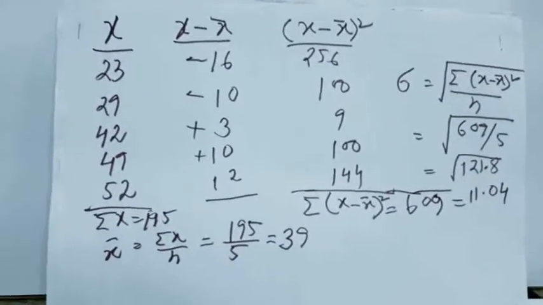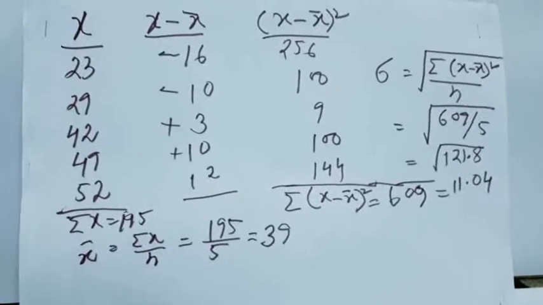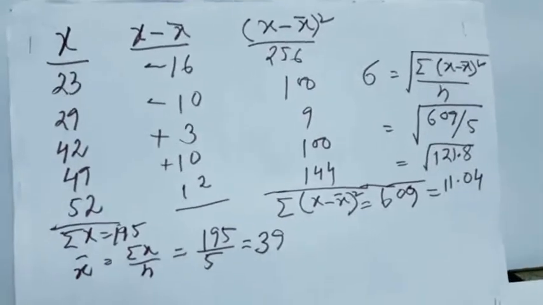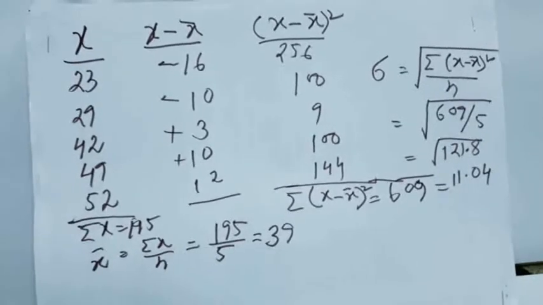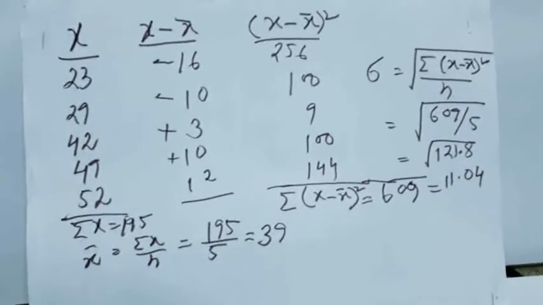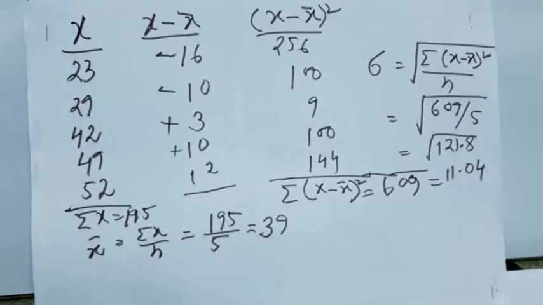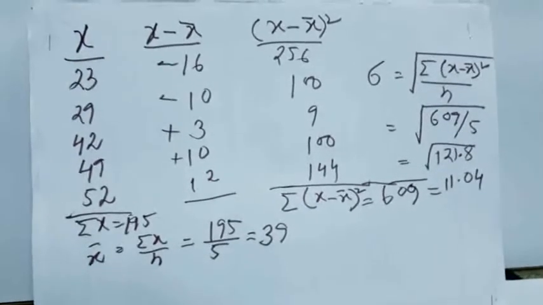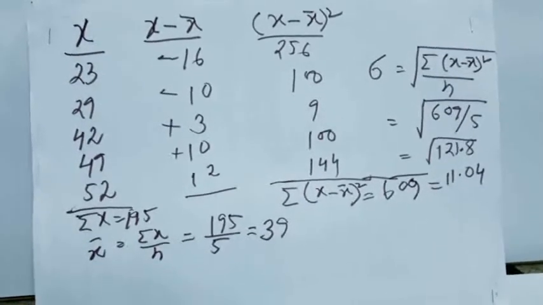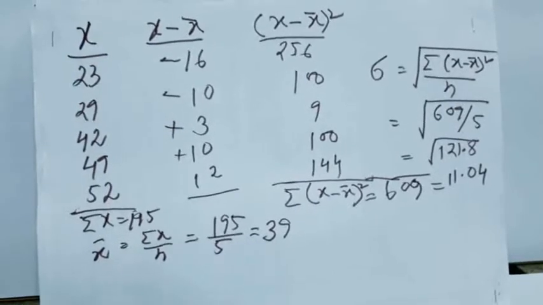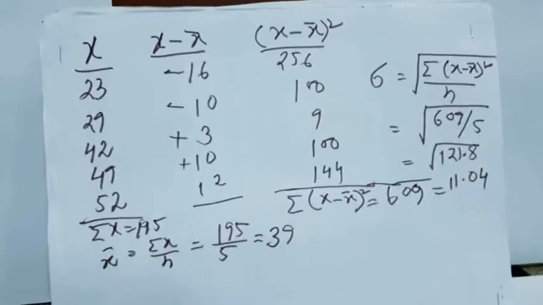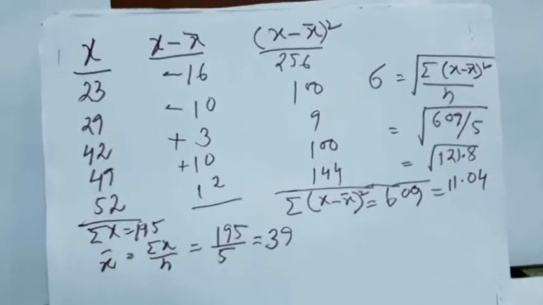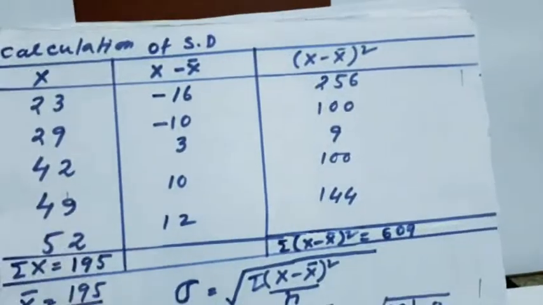In this way you can calculate the standard deviation for an individual series when the size of the data or the magnitude of the data is comparatively bigger. Now if we make a table of this, the fresh look of the table would be like this.